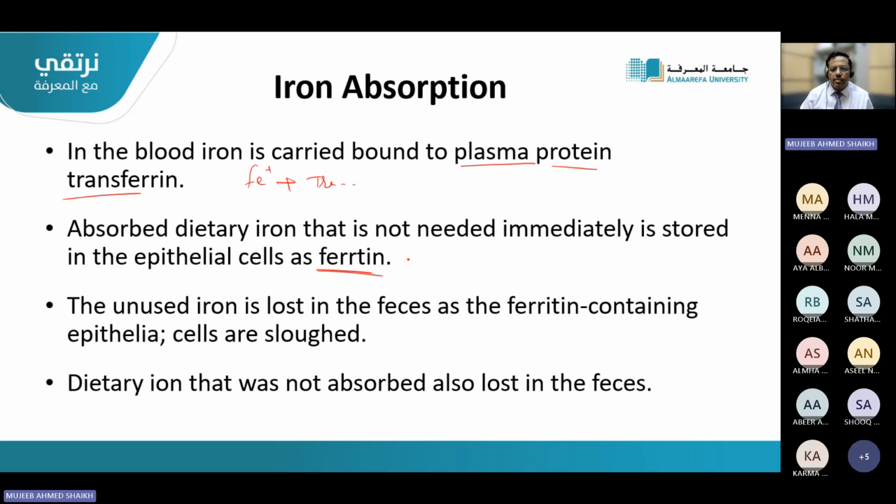Ferritin is the stored form of iron. This iron will be stored in the epithelial cells, and as I told you, these epithelial cells remain only for 3 days. The whole mucosa can be replaced in 3 days. So if the iron is not used, it will be sloughed and lost into the feces.